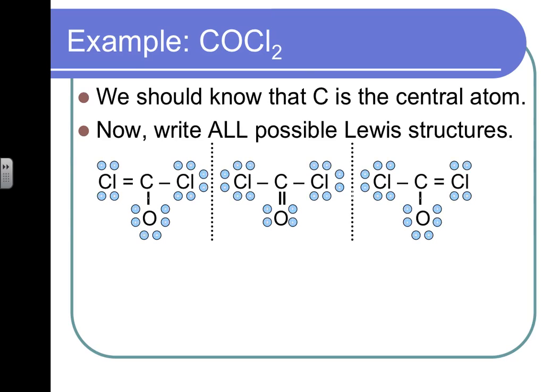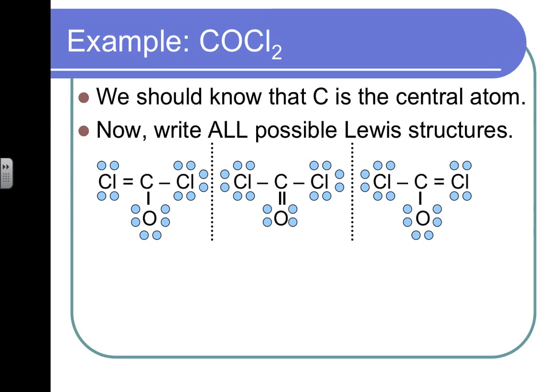Here's what I mean by that. If we write all possible Lewis structures, take a look at these. Do you see how these show multiple options? The first one shows a double bond with the chlorine on the left. The middle one shows the double bond with the oxygen. And the one on the far side shows the double bond with the chlorine on the right side.